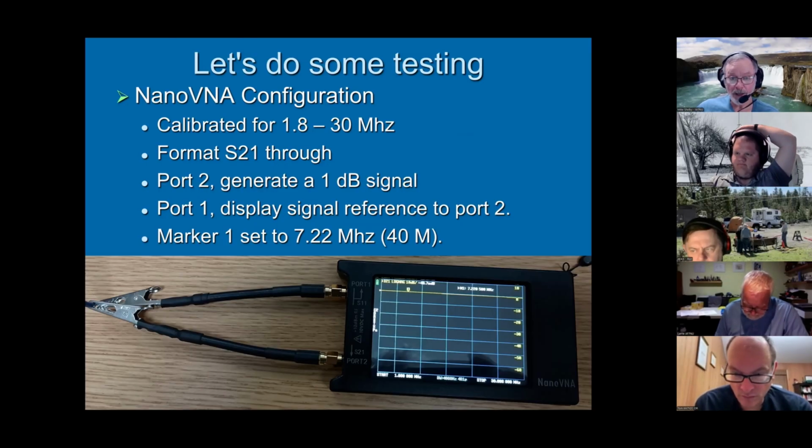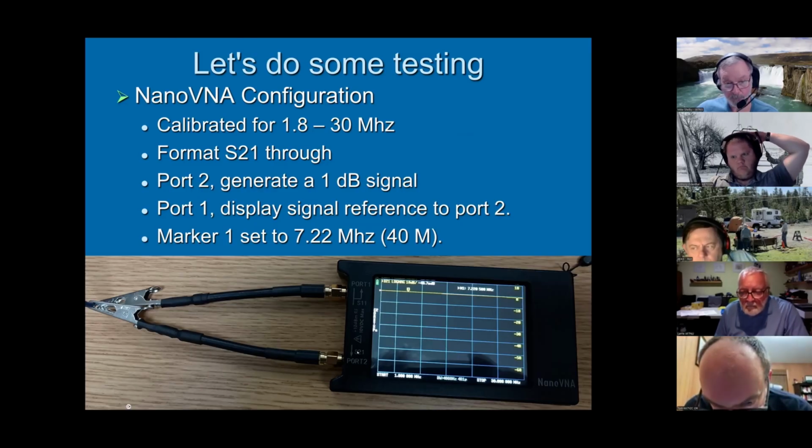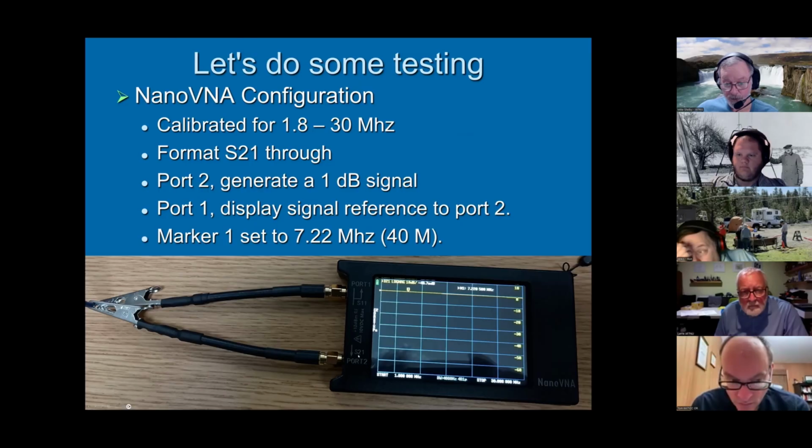Whenever you see S21, if you look down at the VNA, the bottom port, port 2, I'll be transmitting out of that port, and I have a reference signal of 1 dB. So 1 dB is going out port 2.